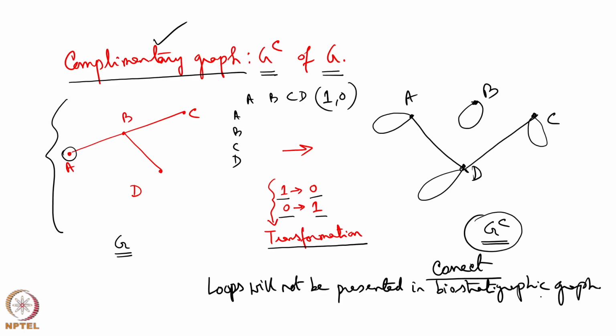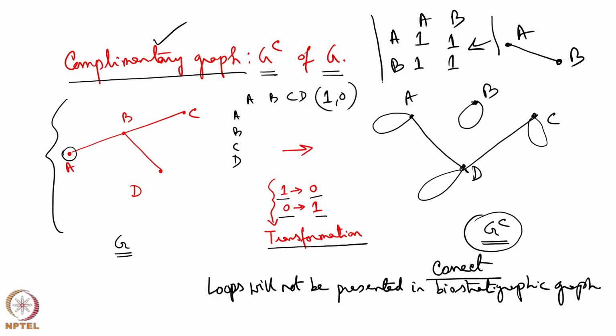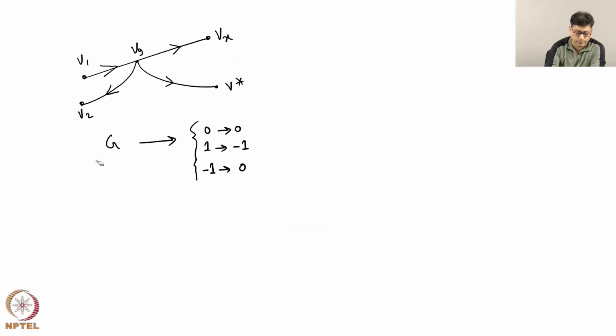In biostratigraphy, if I draw A and B, and if I write its matrix with A, B by A, B, then as per classical graph theory, A is not connected to itself, so I should have put 0, but in biostratigraphy we write 1 here. A is connected to B, B is connected to A, and B is connected to B. This is another way of presentation.